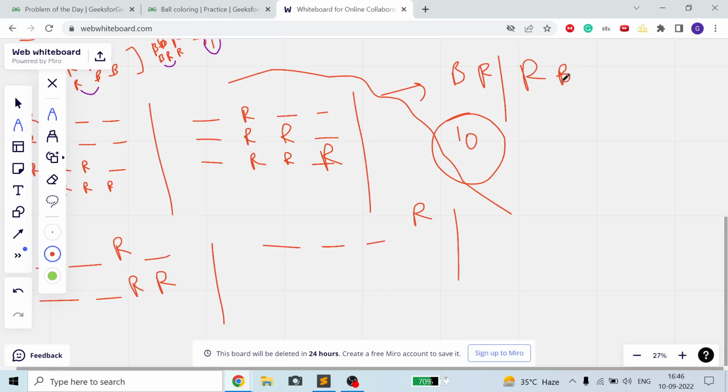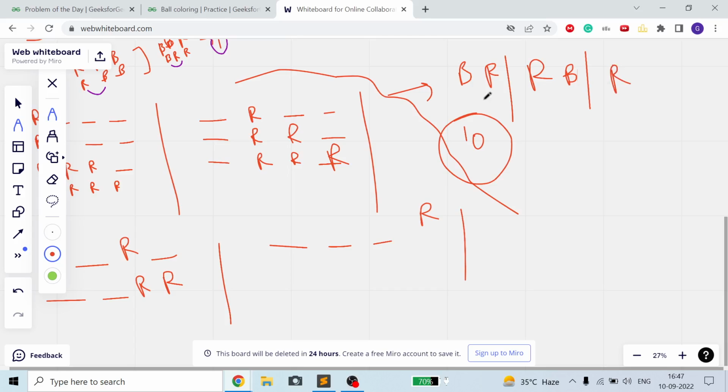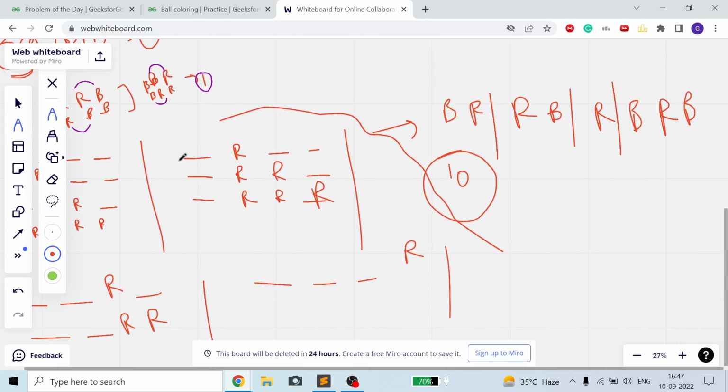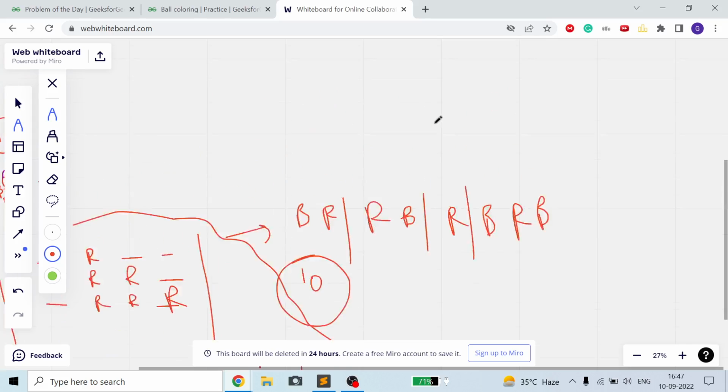RB, some group of red balls, then blue balls. Then RB, only R. Then BRB. These are all the different segments possible: BRB, BRB, BR, BR, BRB, BR. So these four are the segments possible.